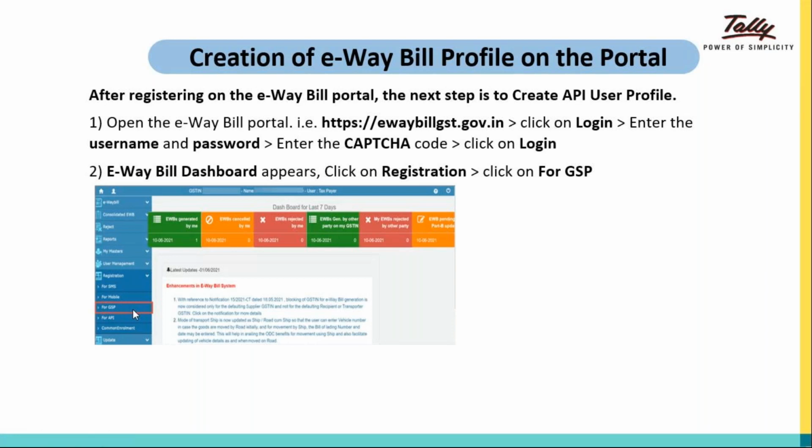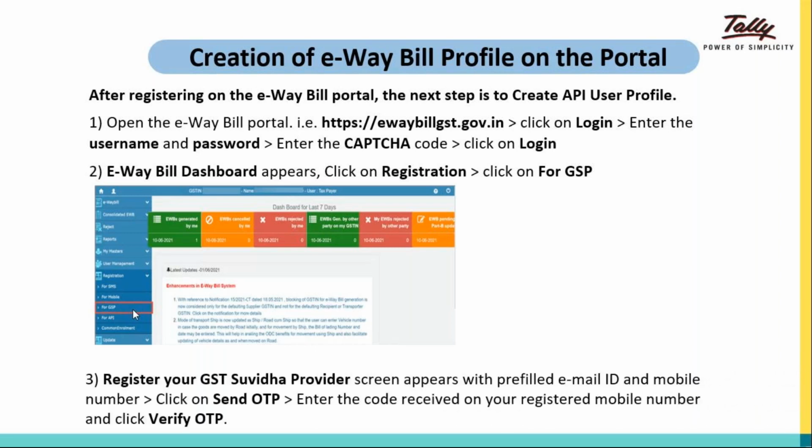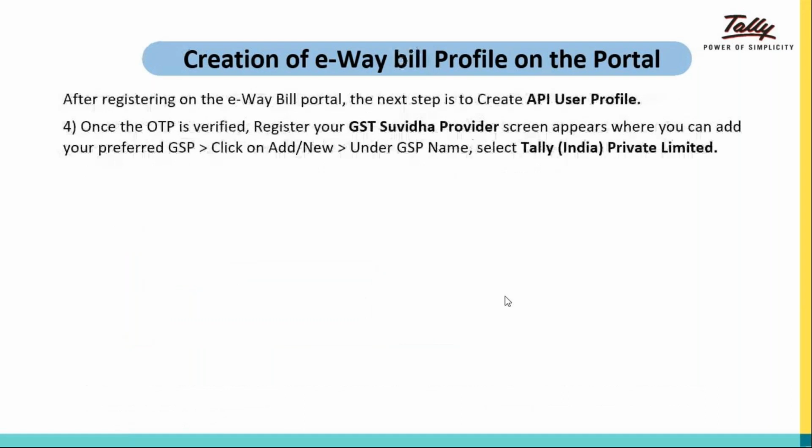GST Suvidha Provider. So you have to select this for GSP, and then you can see GST Suvidha Provider will appear with predefined email and mobile number. Whatever email ID and mobile number you would have given, a screen will appear along with that. Again, you have to click on send OTP in order to verify.